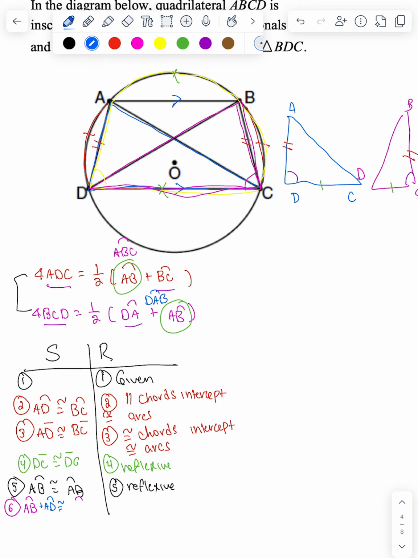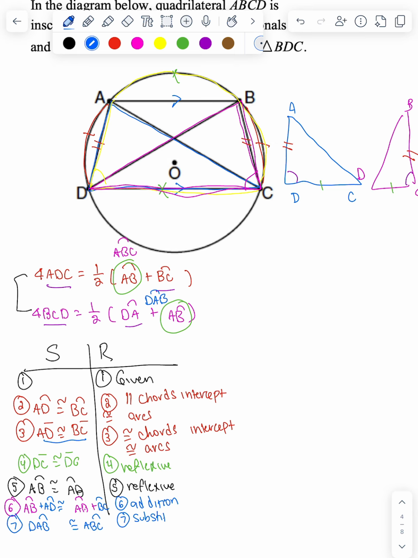Is congruent to AB plus BC. And we already established that those are congruent. So we can do this because of addition. And then due to substitution, arc AB plus arc AD is arc DAB. And then arc AB plus arc BC is arc ABC.